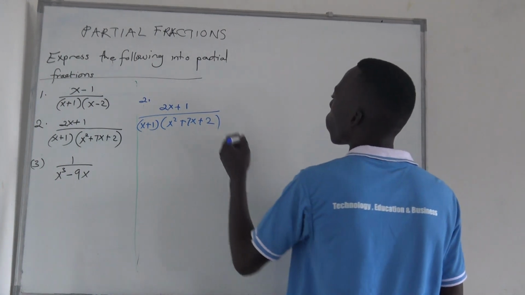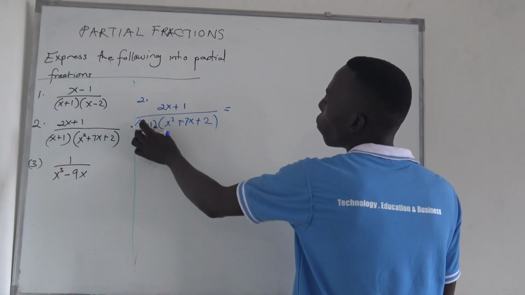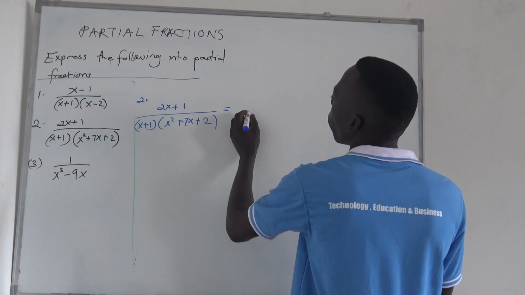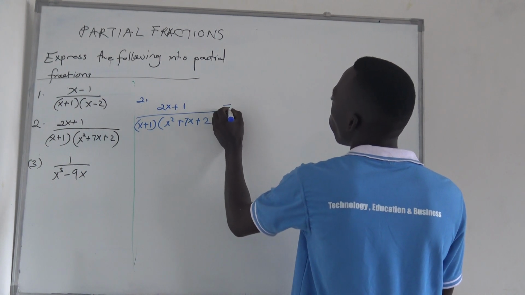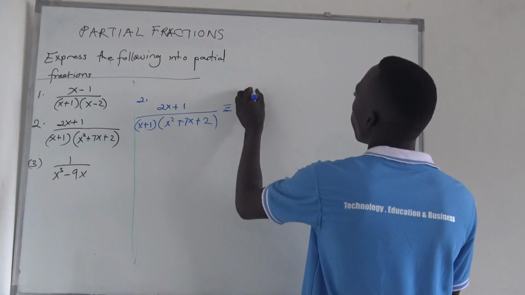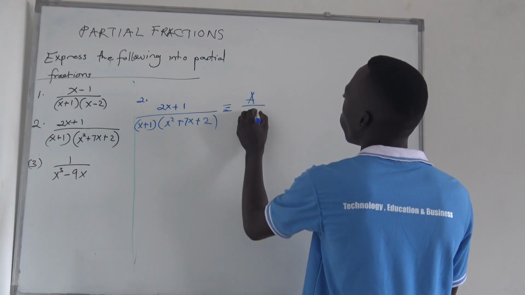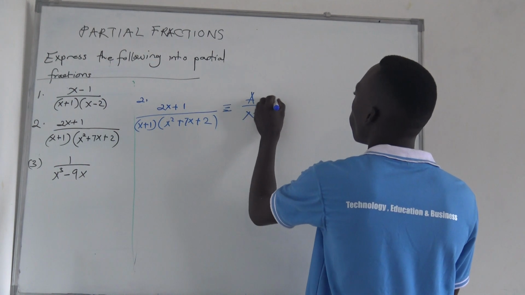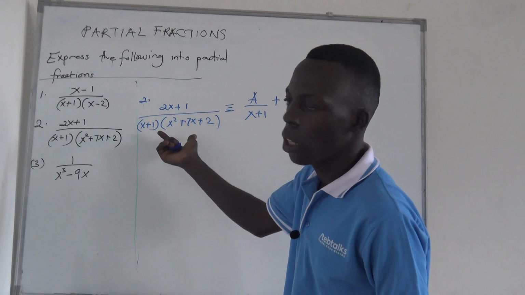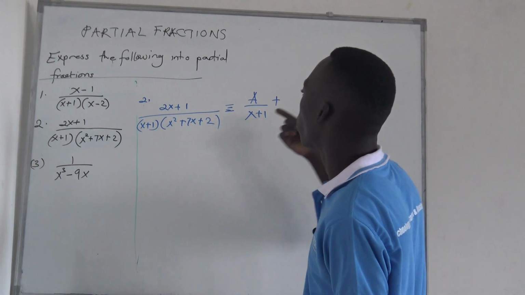So for this case we say, here you first consider the number which is here. The first one, if it is linear, say it is a out of x plus 1, then plus this one, it is a quadratic.